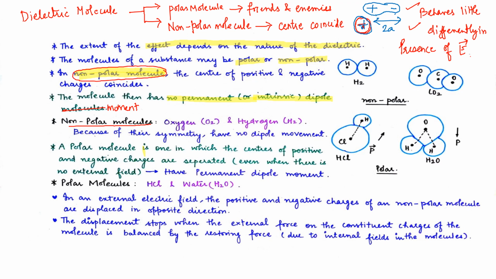They do not have intrinsic dipole moment, and examples are oxygen and hydrogen. See O2, one O, other O, and H2, one H, other H. Because of their symmetry, they have no dipole moment. Most non-polar molecules are symmetrical, with symmetric geometry.